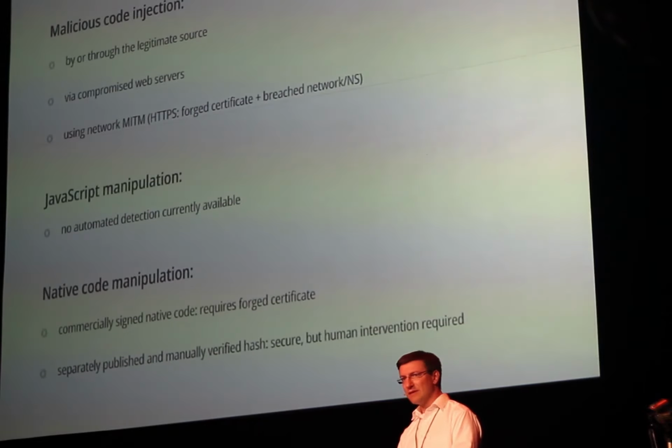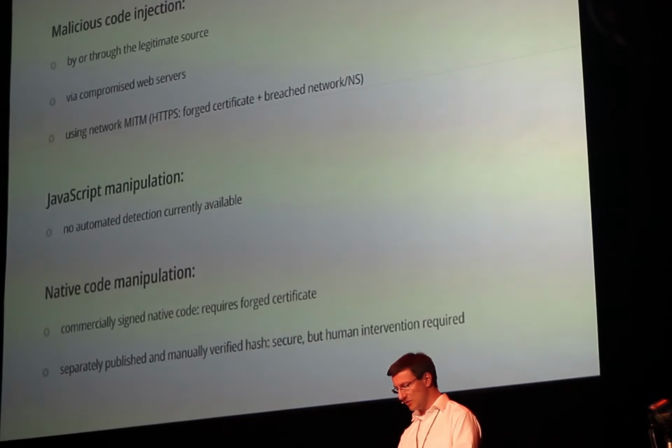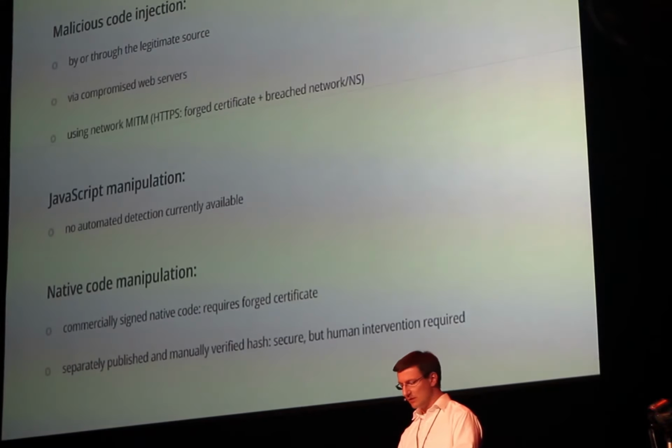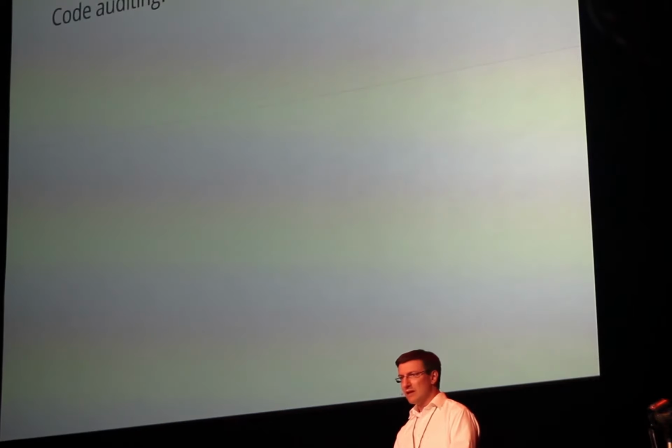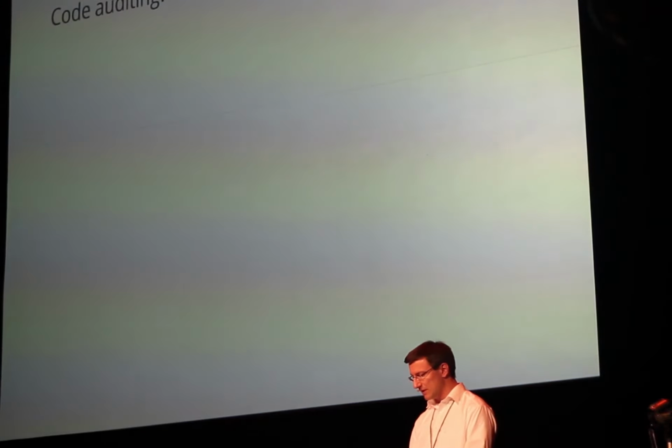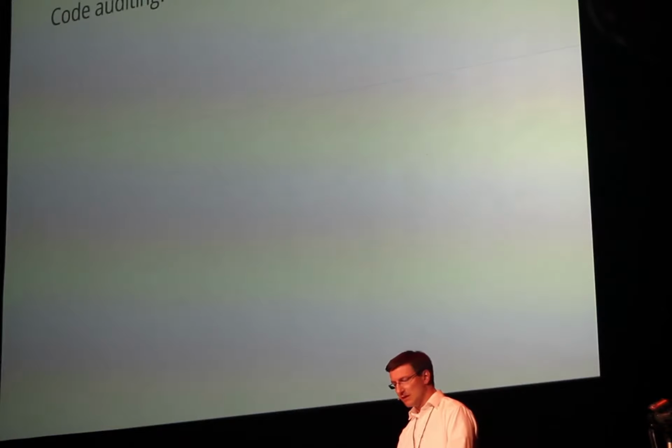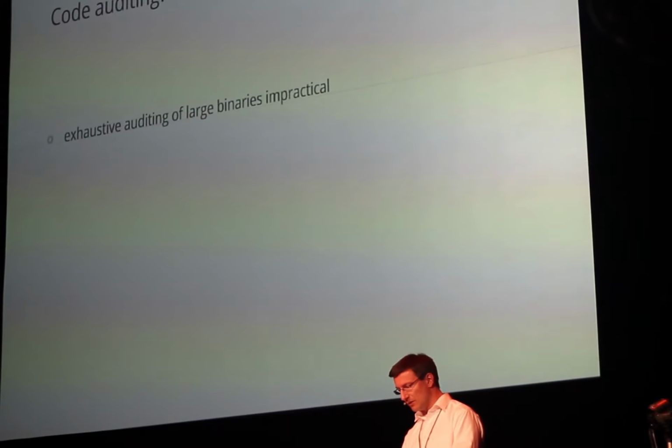And if you have a separate published and manually verified hash, then you are quite secure if the separate channel is not compromised. But unfortunately, you need to then look at the hash and compare it, and that is not happening always. So the problem of code trustworthiness in general can be addressed by looking at the code.